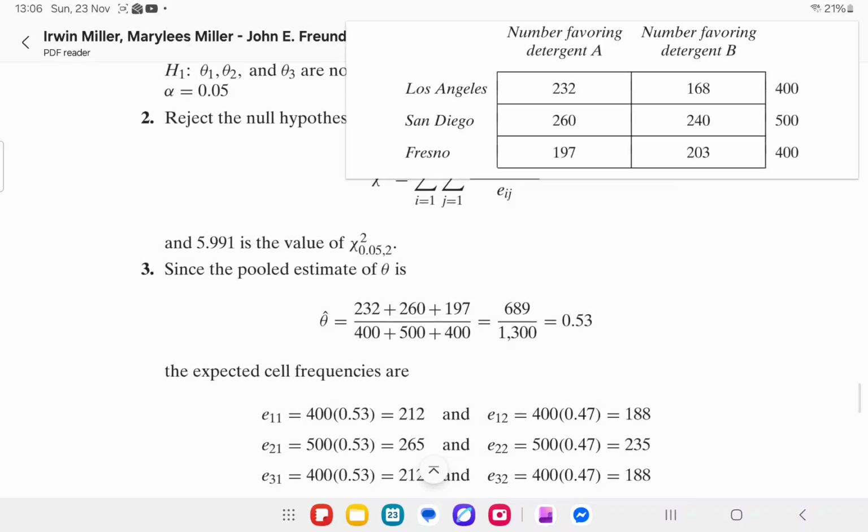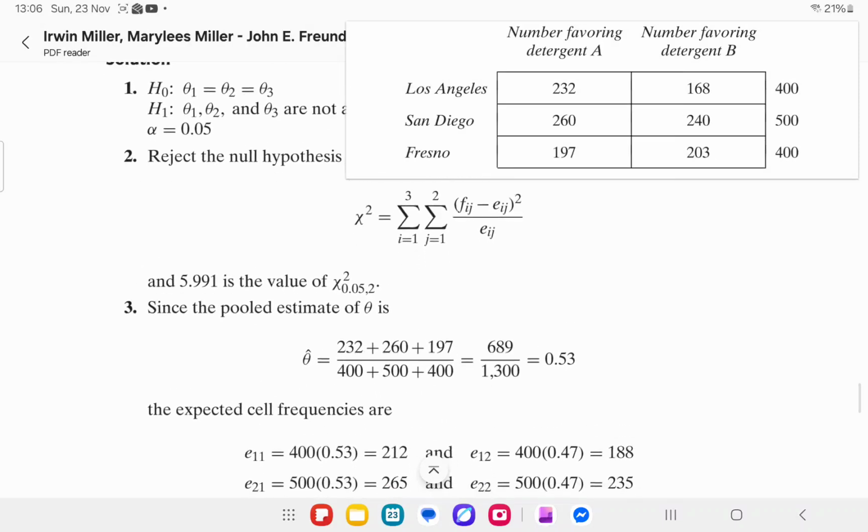First of all we would require theta hat to be calculated, the overall proportion.